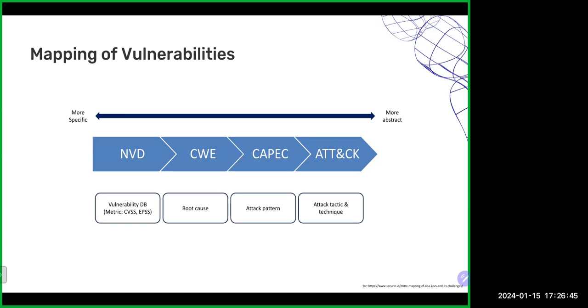At the end of the day, if we make one level of abstraction, we end up finding the root cause of that vulnerability, and that is tracked in the Common Weakness Enumeration database. Above that, we also have CAPEC, which is a database of attack patterns by MITRE. And above that, we have the MITRE ATT&CK framework, which includes the attack techniques and tactics from mostly APTs, Advanced Persistent Threats.